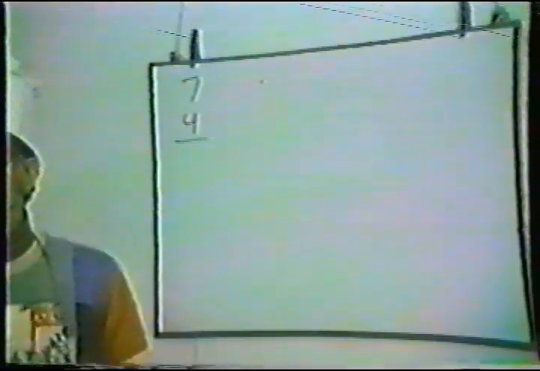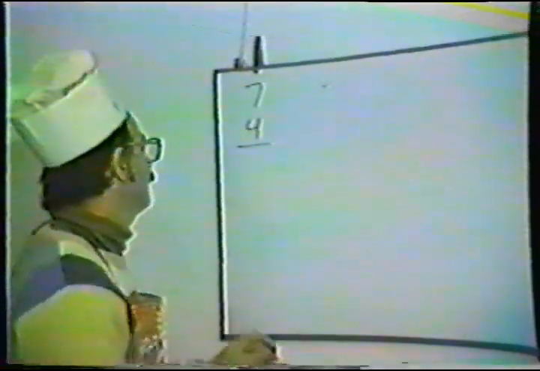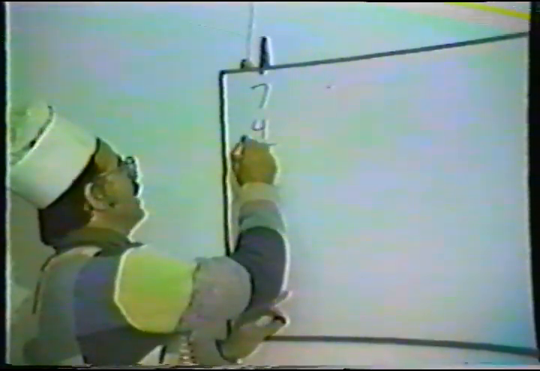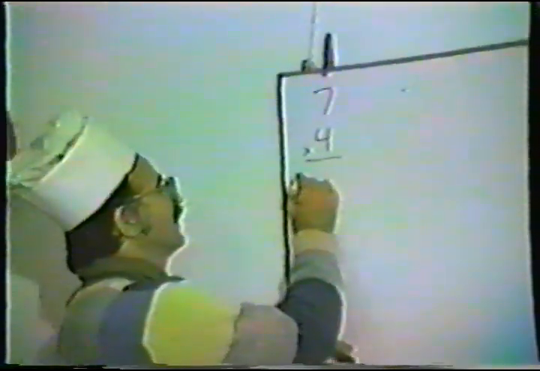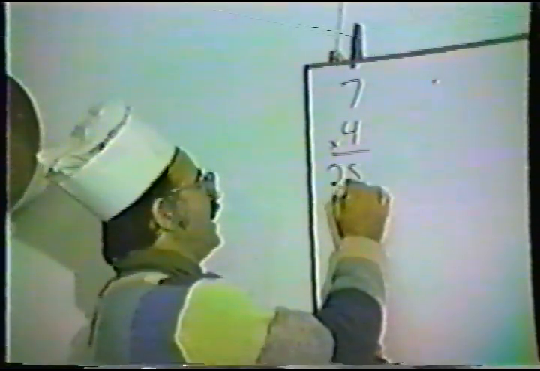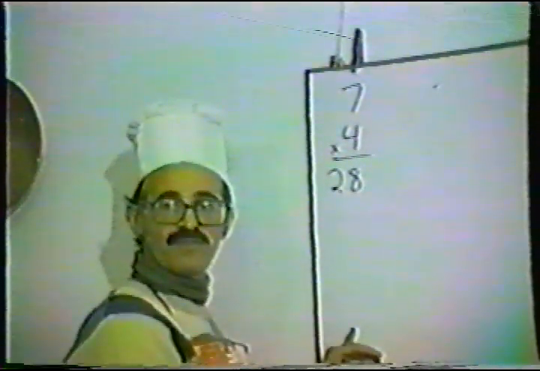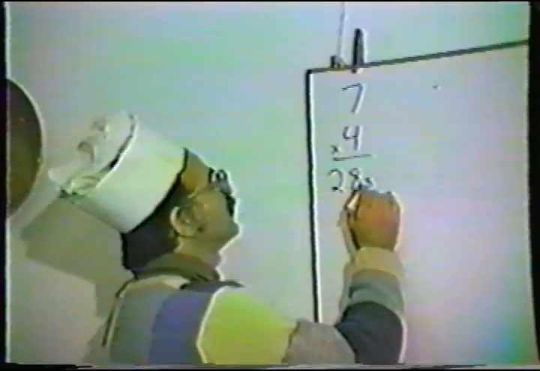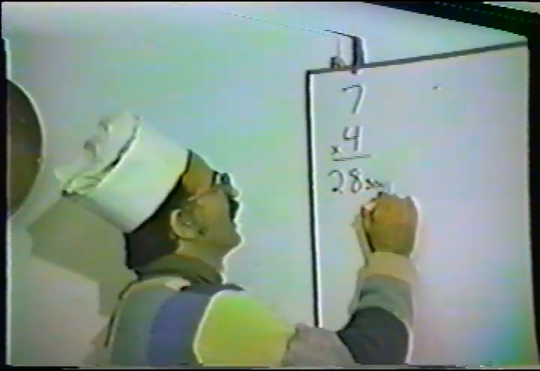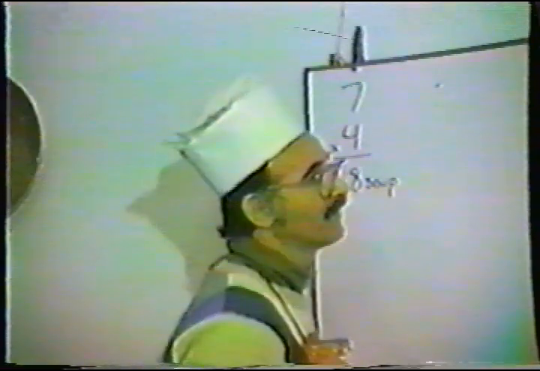What do I do with those two numbers? Multiply. 7 times 4 is? 28, which is, of course, monies, and it is the cost of the soup. We'll just write soup.